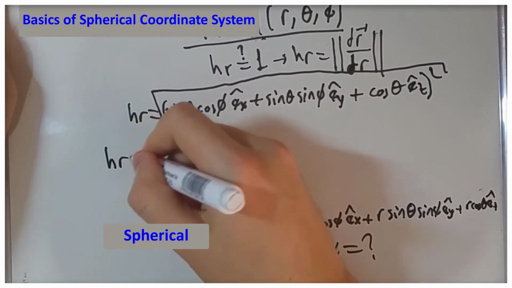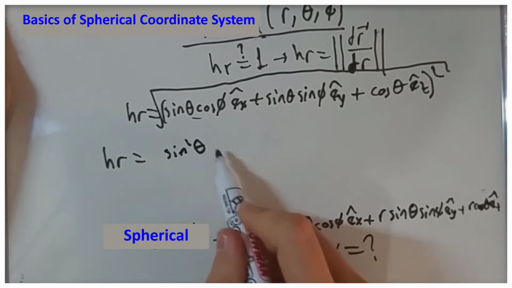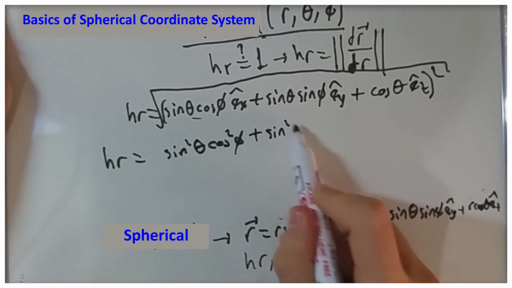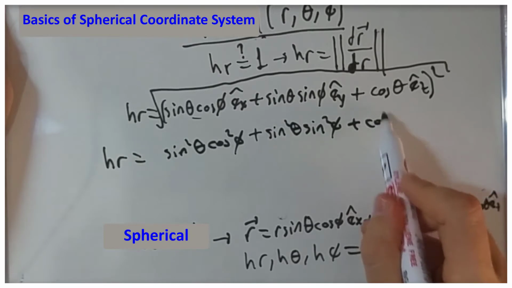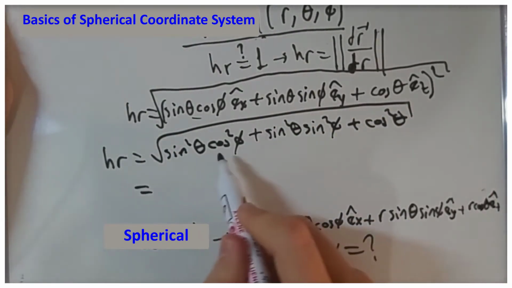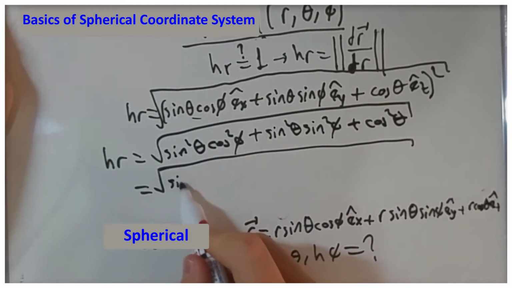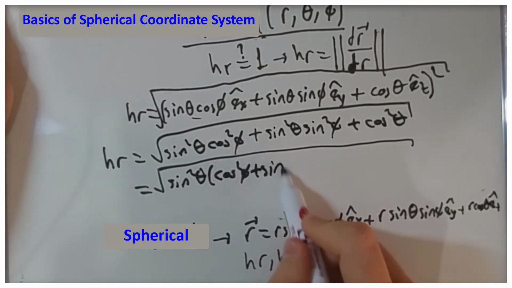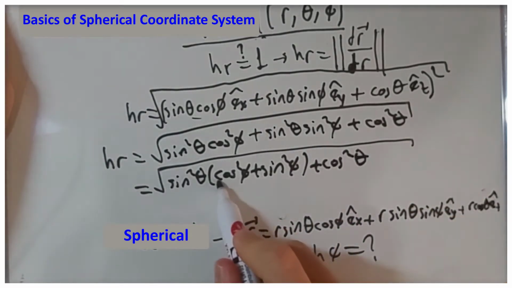Then Hr equals the root of sin squared theta cos squared phi plus sin squared theta sin squared phi plus cos squared theta, which is equal to, look at there, sin squared theta, if I put it in brackets, cos squared phi plus sin squared phi, plus cos squared theta.